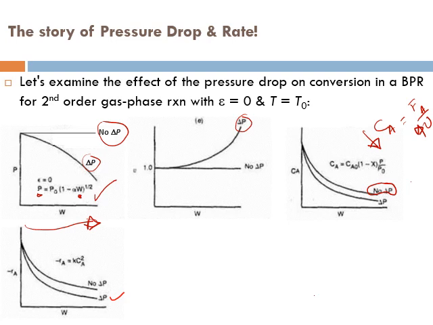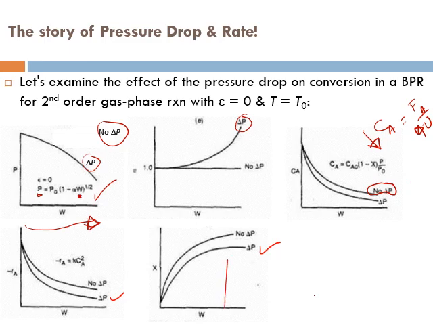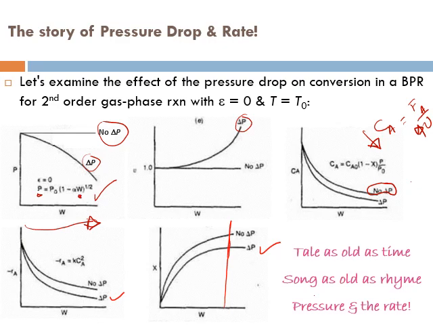Obviously, if you have lower rate of reaction, you will end up with lower conversion for the same W. Okay, so now we know the story of the pressure drop and the rate and the conversion.